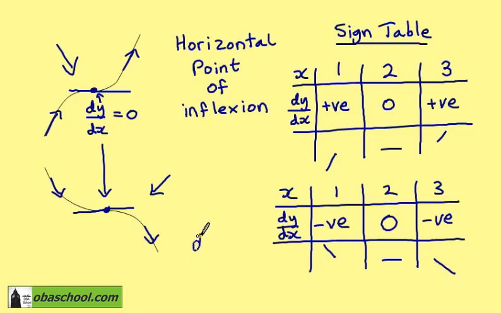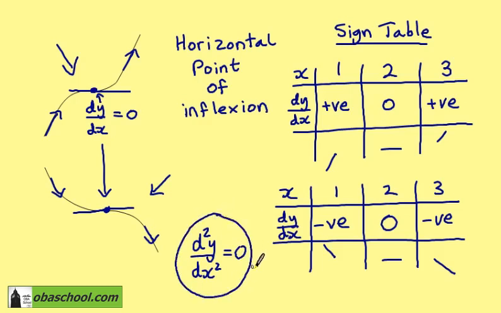If we consider the second derivative, d2y/dx squared, which we found was positive for a minimum and negative for a maximum, we do find that it's always equal to 0 at a point of inflection.